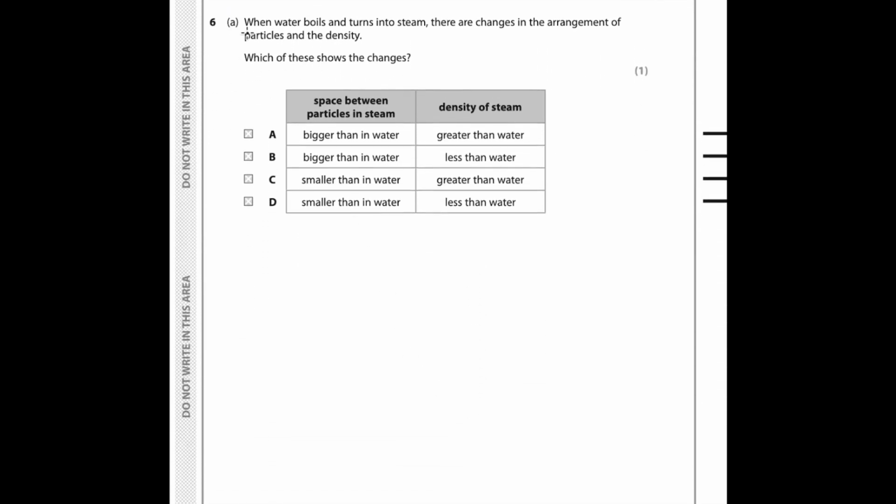Question 6, Part A. When water boils and turns into steam, there are changes in the arrangement of particles and the density. Which of these show the changes? So you're going from a liquid into a gas. So in a liquid the particles are quite close together and they're randomly arranged.